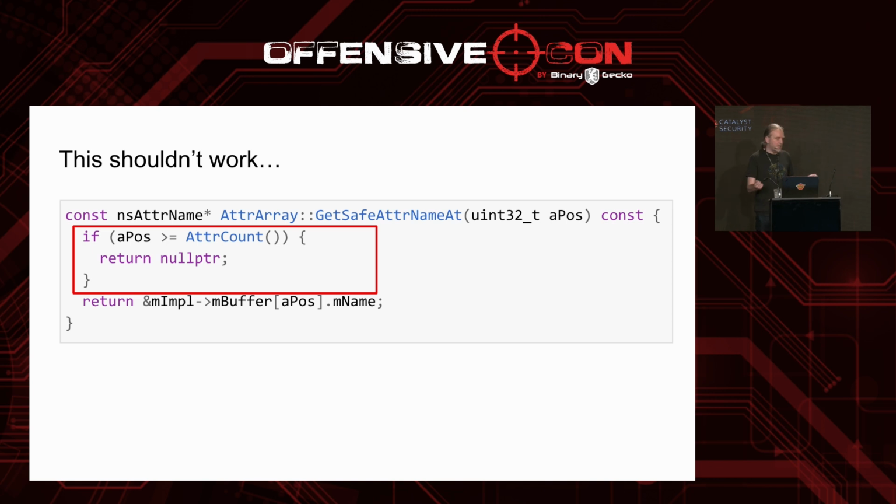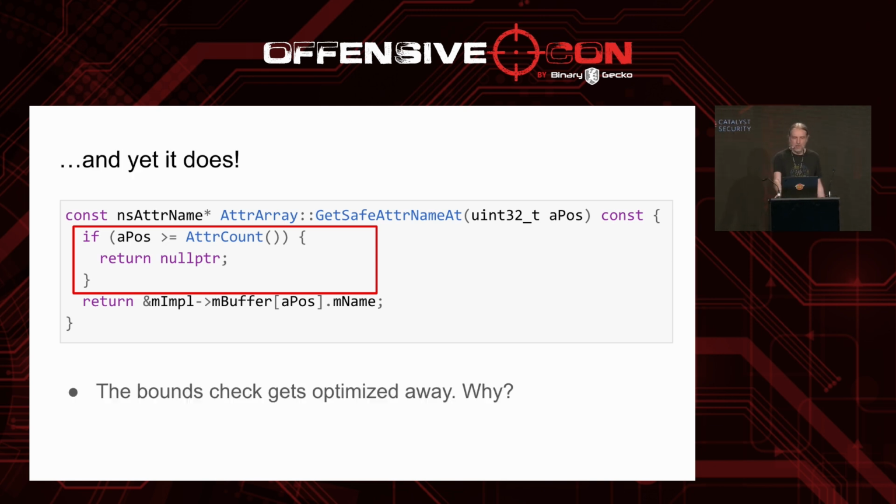Because this checks that whatever attribute index you are accessing is less than the number of attributes. Except the reason why I didn't notice this bounds check in the binary code was because this bounds check was not present in the binary code. It got optimized away.